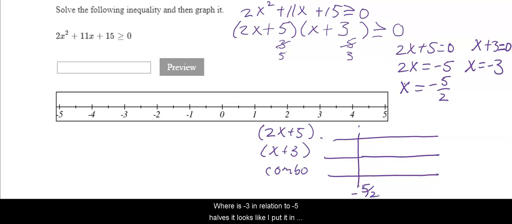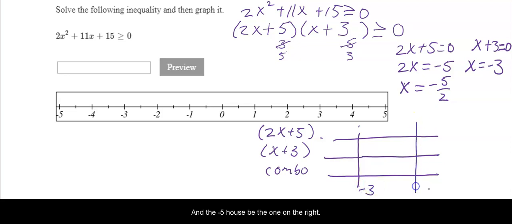Where is negative 3 in relation to negative 5 halves? Uh-oh, it looks like I put it in the wrong place. Negative 3 is smaller than negative 5 halves, so I need to make the negative 3 be the one on the left and the negative 5 halves be the one on the right. Be sure you get them in number line order.